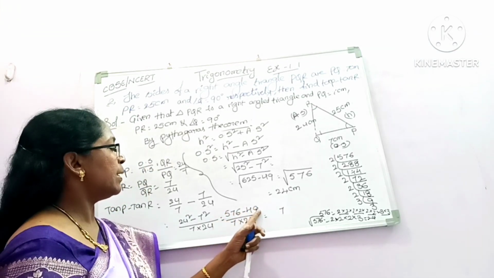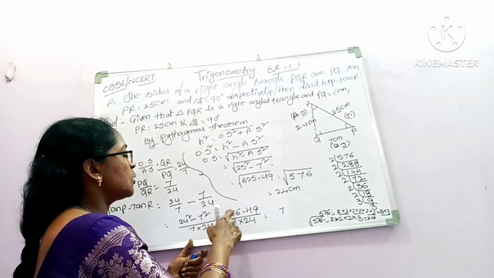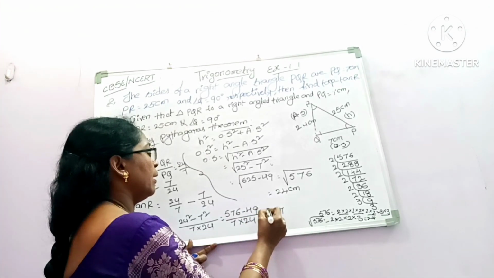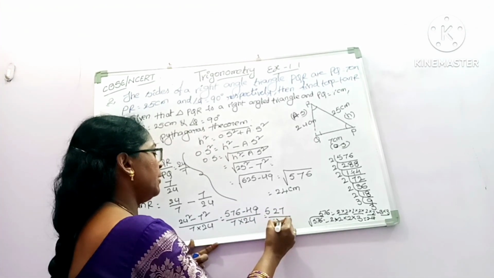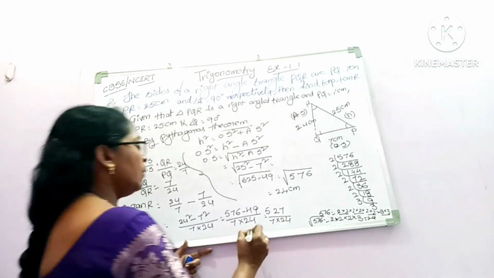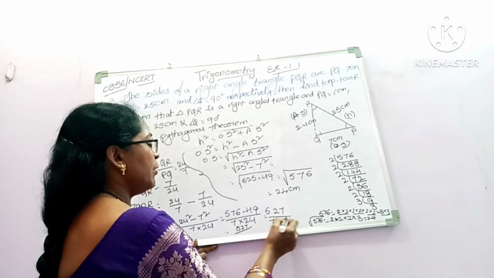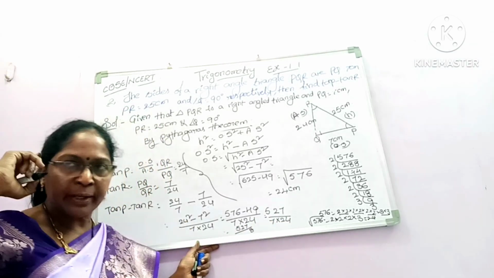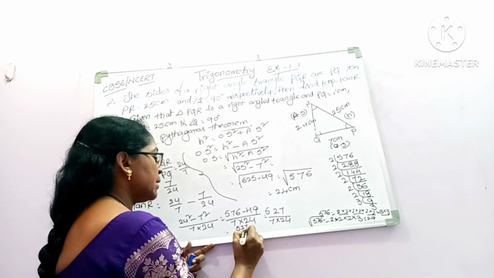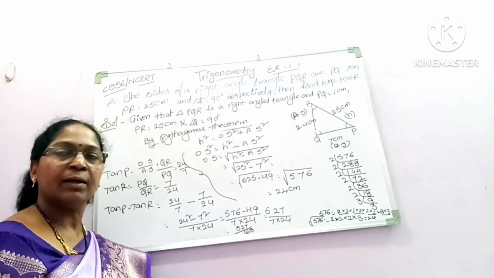Borrow 1. 16 minus 9 equals 7. Here 1 already we have given. 6 minus 4, 2. Here 5 divided by 7 into 24. That equals 527 divided by 168. So 527 by 168. This is the answer.